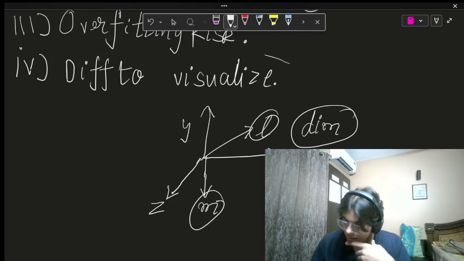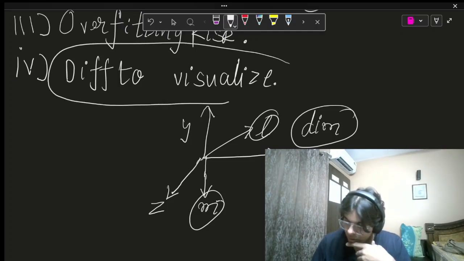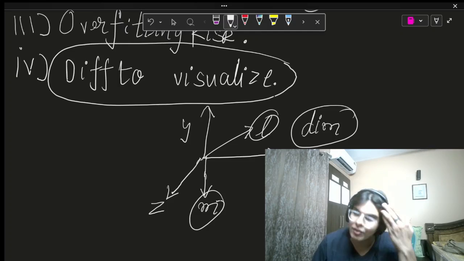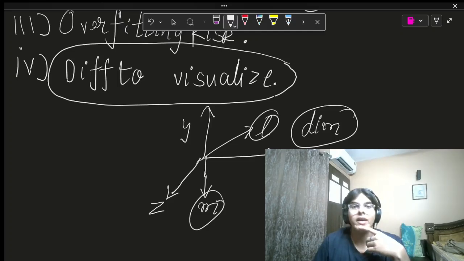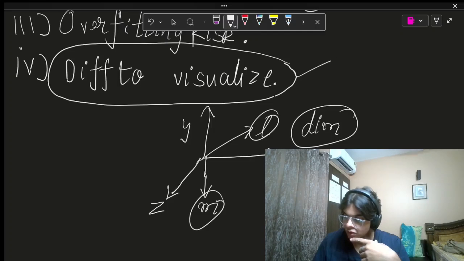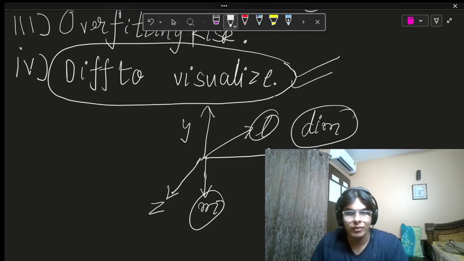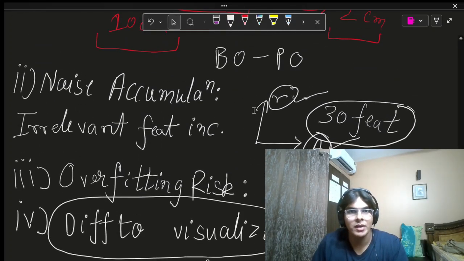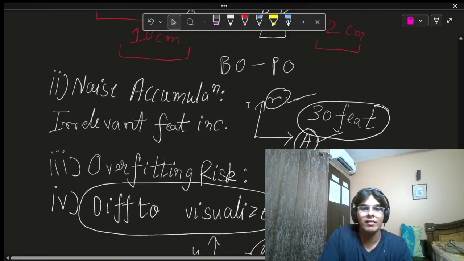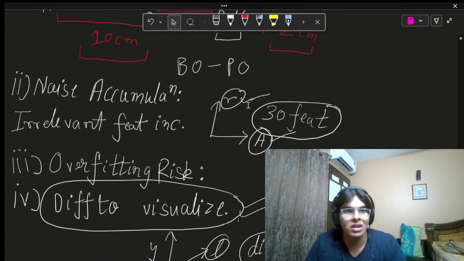So this difficulty to visualize is a major problem, because if we cannot visualize the data that we are working with, then we cannot be confident in building a machine learning model, because eventually all models depend on the data that we are building it upon. Okay, so this is also a major issue. So we have till now discussed four major issues that come to mind whenever we talk about dimensions increasing.